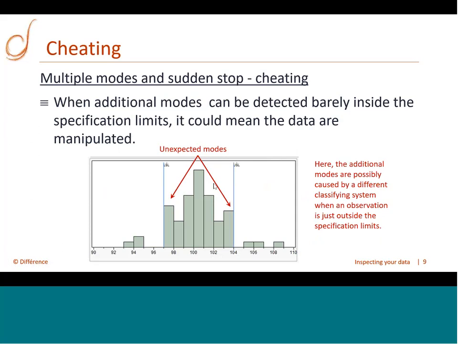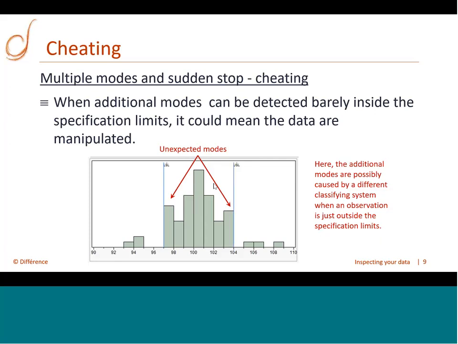And what we see here is a little different because the columns that are within spec, but right next to the spec, are higher than what we would normally expect. And the column that we would expect to be just outside of spec, actually there's no column there, it's an empty hole.